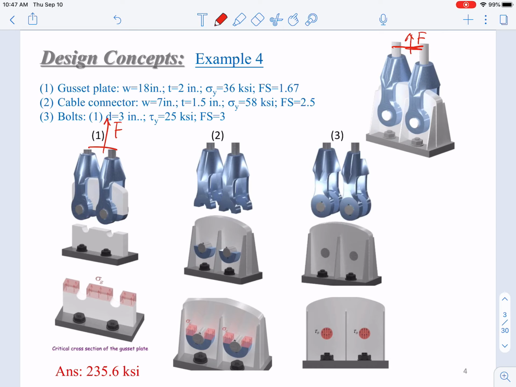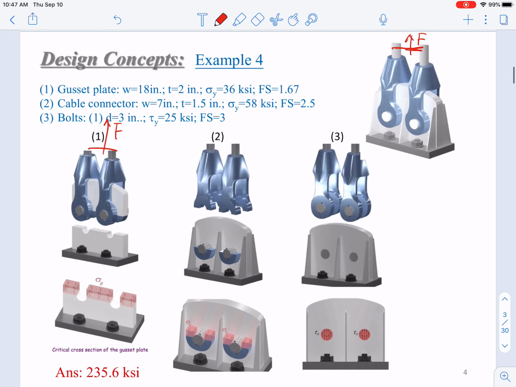And where do you have the bearing stress? The bearing stress is just on the upper edge of the hole. The interface between the bolt and the gusset plate is just two semi-cylinders.